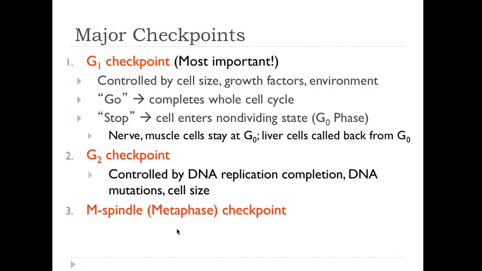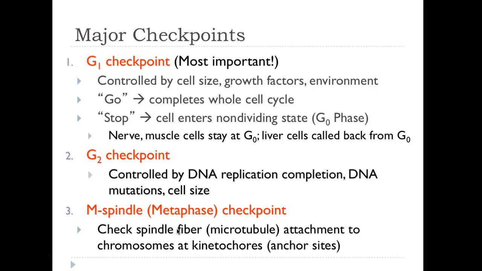And you also have one during the M phase, and the M phase is, like I said before, going to be during the metaphase. And ultimately what the cell is looking at there is the spindle fiber microtubule attachment to the chromosomes at the kinetochore, which is the anchor sites. So you have the spindle fiber microtubules, and where they attach on the chromosomes is that area called the kinetochore.